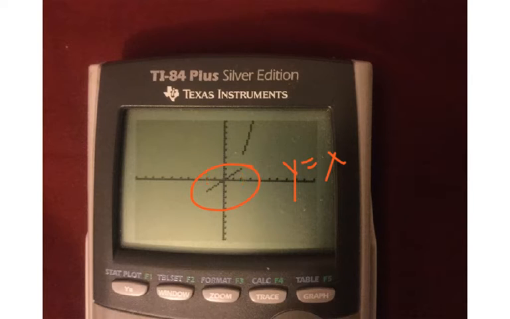Let me go back here. And then this is the graph of y equals x squared, starting at x is 2. And then when x is 3, it's 9. And then when x is 4, it's 16. So it's up here so you can't see it.